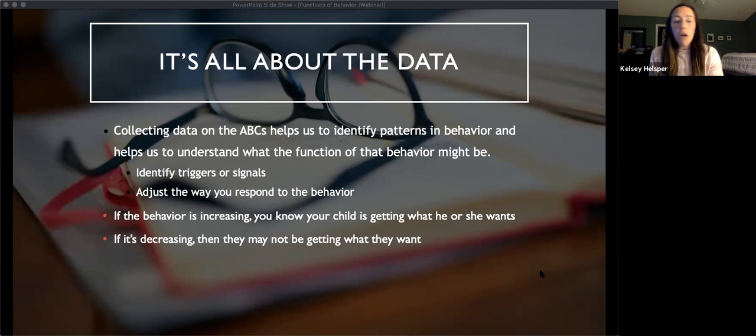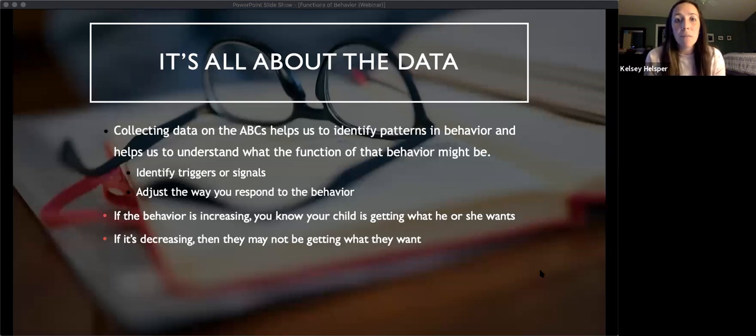Okay, so triggers can be identified by using this ABC data, but similarly, it can help us to identify signals of more challenging behavior. What I mean by that is sometimes our children engage in more mild behaviors before they engage in more dangerous or more intense challenging behavior.